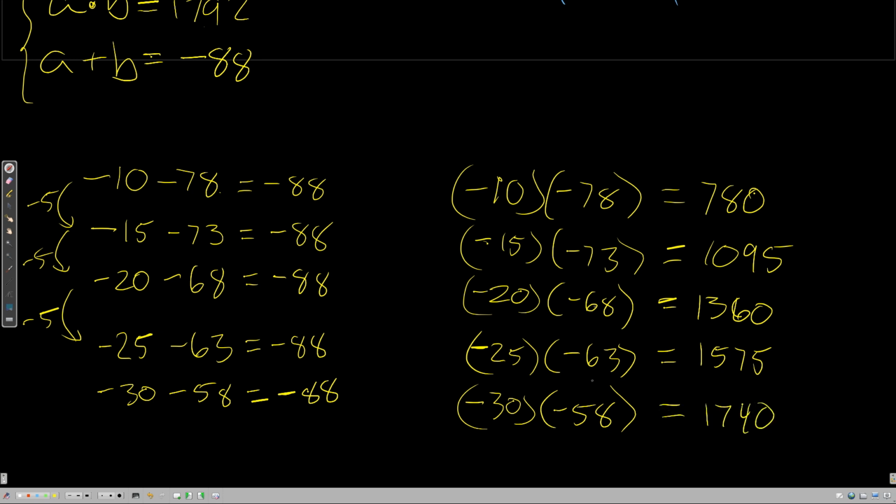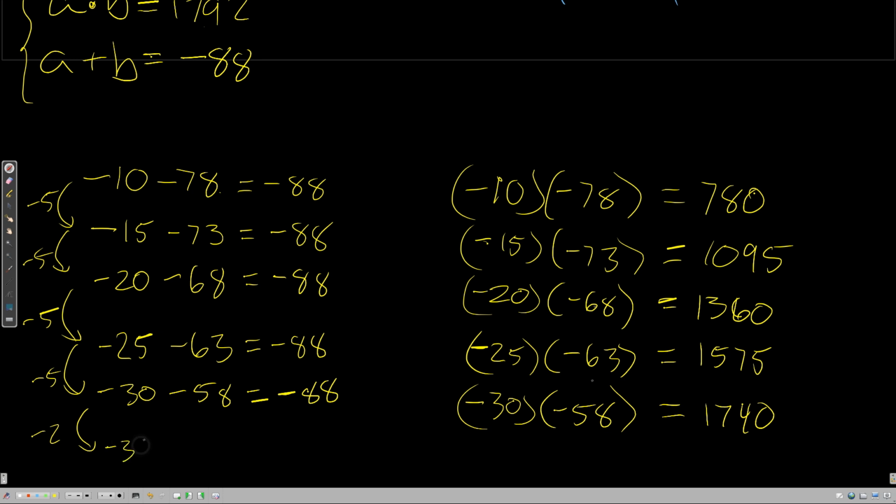Ooh, awful close. We're looking for 1792, we're getting 1740. So I wouldn't skip by 5 this time. I'll just go by 1 or 2. I'll go by 2. That way if I missed it, I know exactly where it would be. If it exists, it would be the one before it.